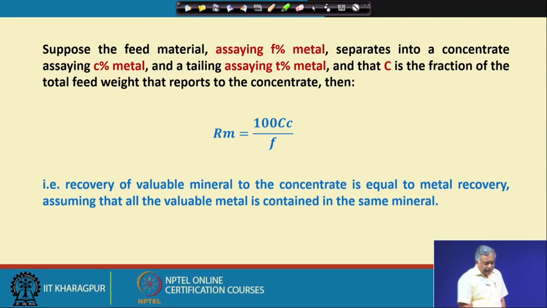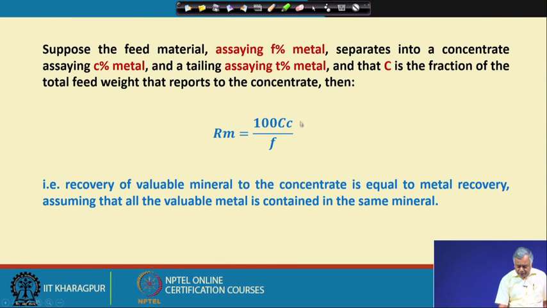And what is the grade of that concentrate? I said that has got small c% metal. So, how much have I recovered? That is 100 capital C multiplied by small c, divided by small f. So, you have got F% metal in the feed, that has been upgraded to a concentrate grade of small c, and what fraction has been separated, that is your capital C. So, that is basically the recovery.